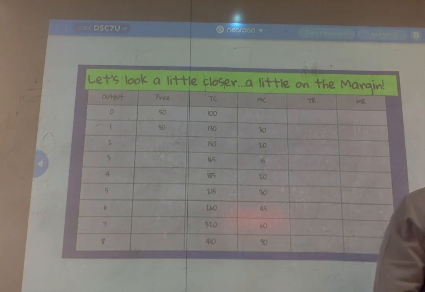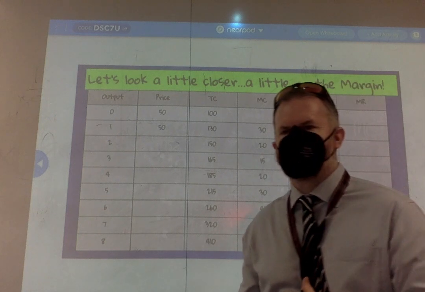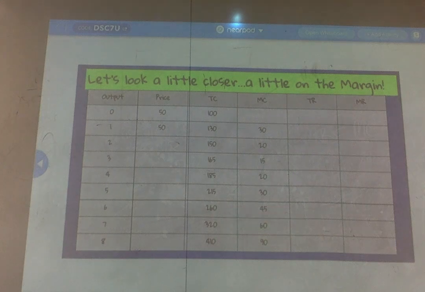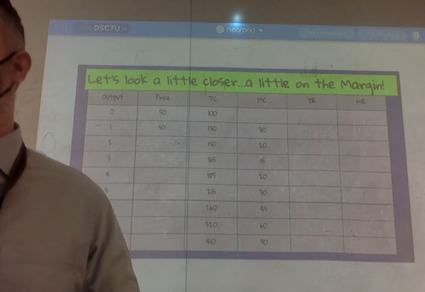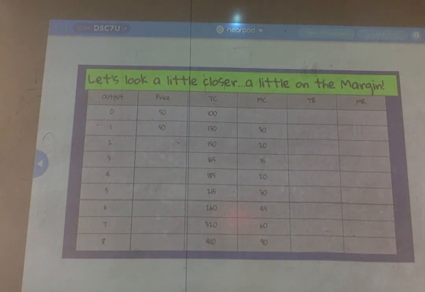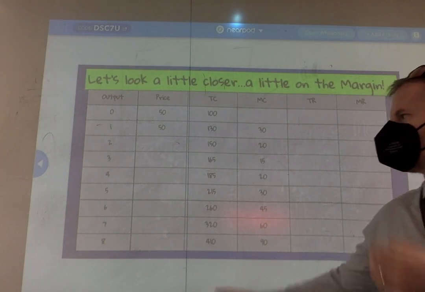Right, let's take a closer look at the margin. Right, now in front of you there's a table on which you've got your computer. There's also this.